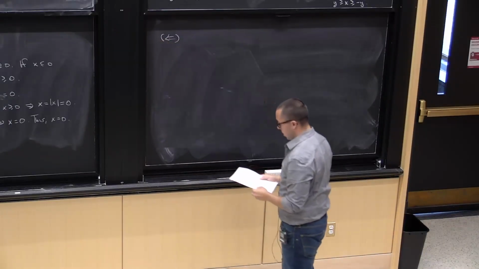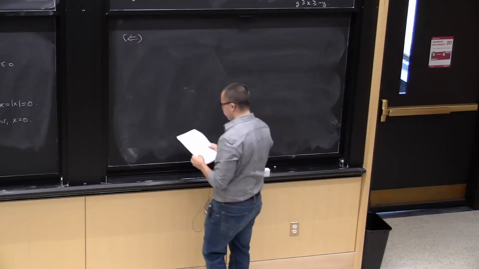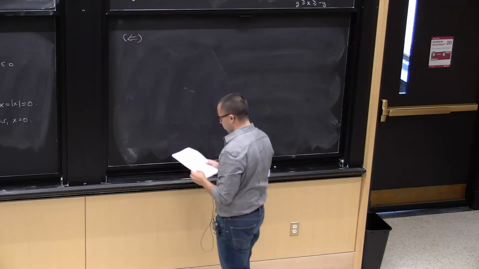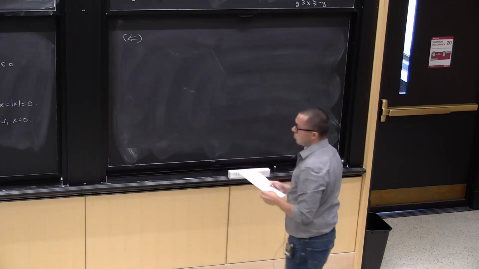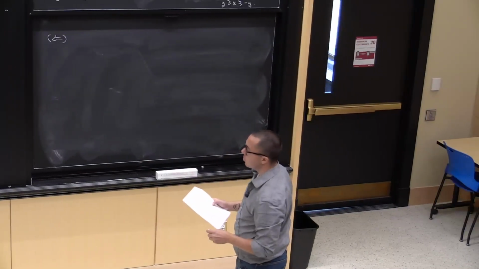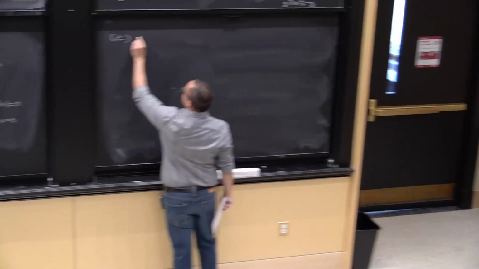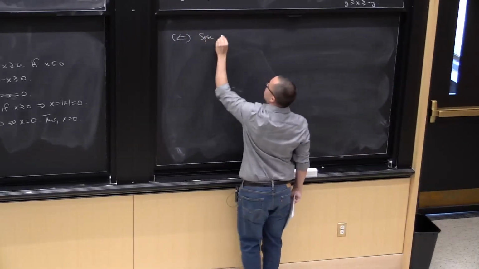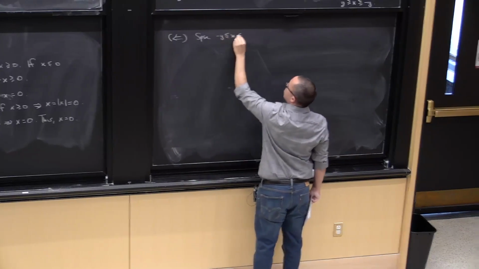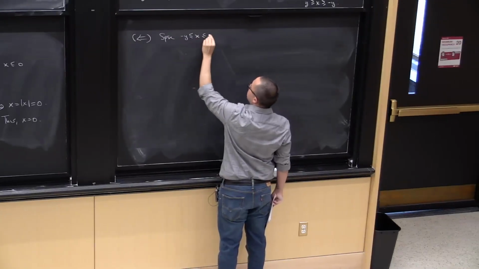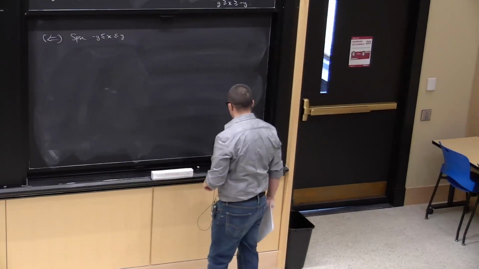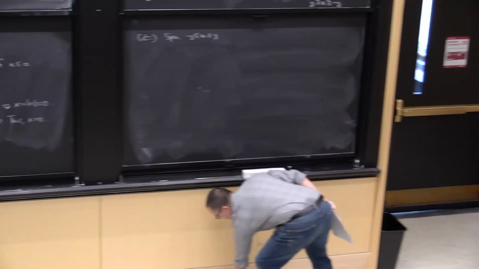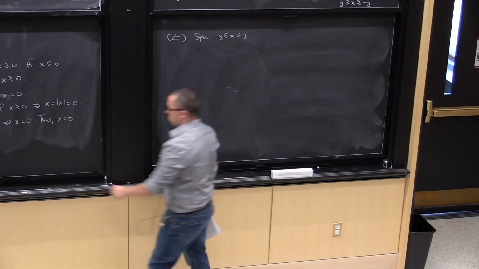So the converse direction. Okay, so suppose minus y is less than or equal to x is less than or equal to y. We now want to prove the absolute value of x is less than or equal to y.